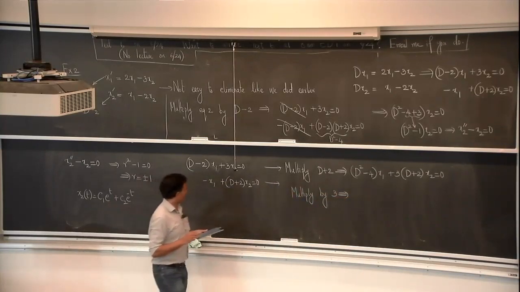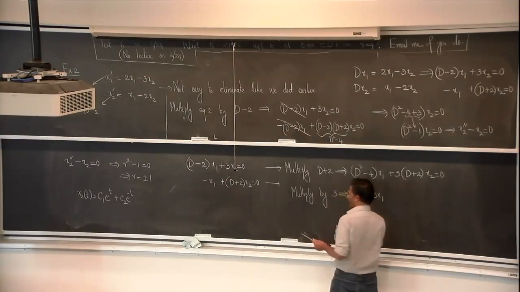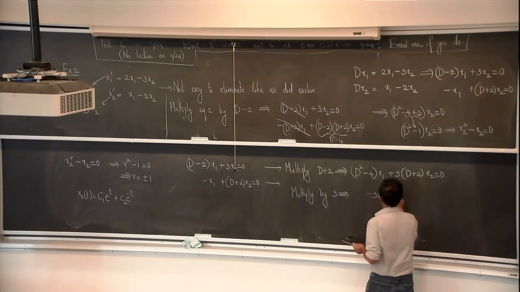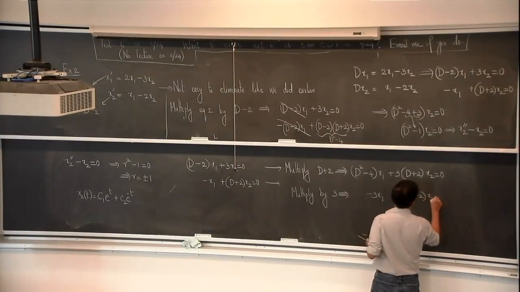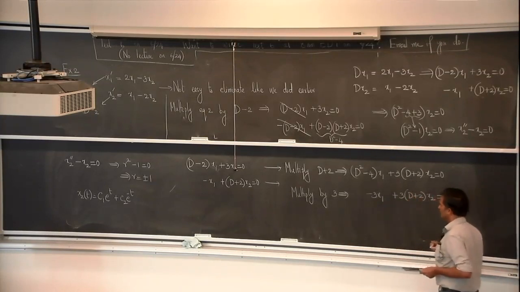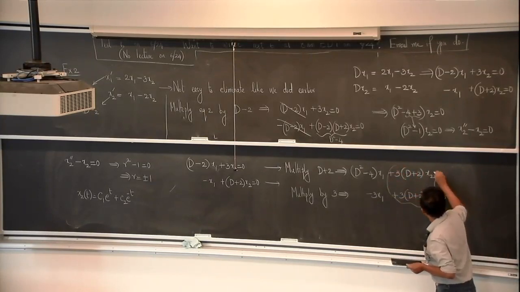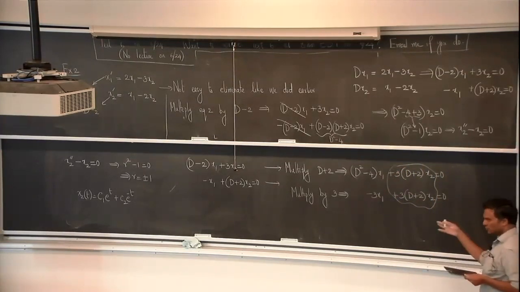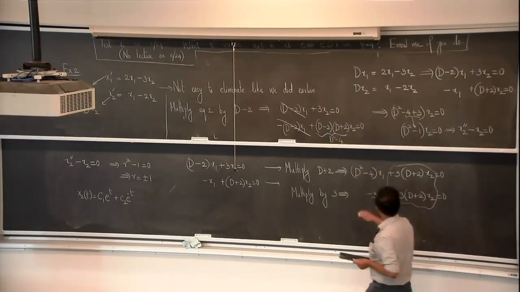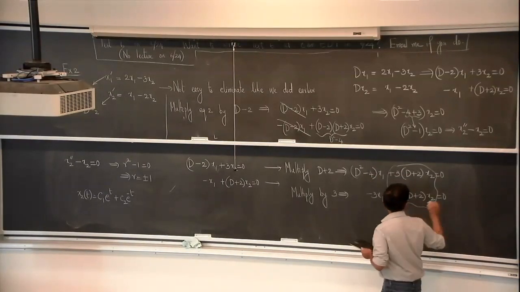So it's going to be negative 3 x1, or I can multiply by negative 3, so plus 3 times D plus 2 x2 equal to 0. My whole process was to get these two to cancel out. We need to eliminate x2, solve for x1. We need to subtract these two because they're the same sign. So subtract.